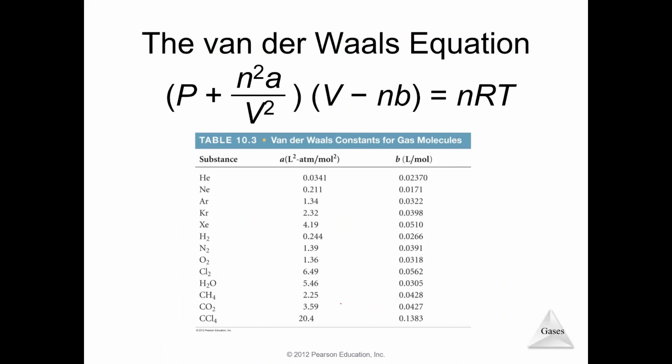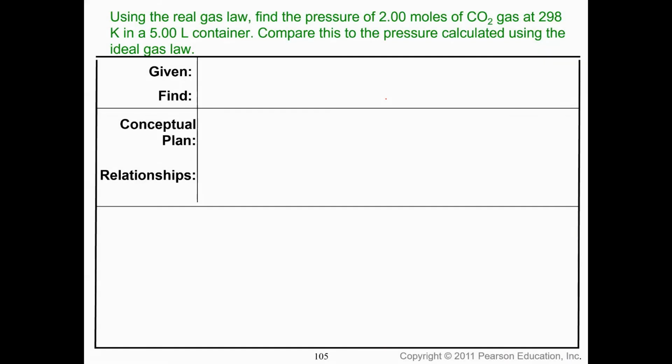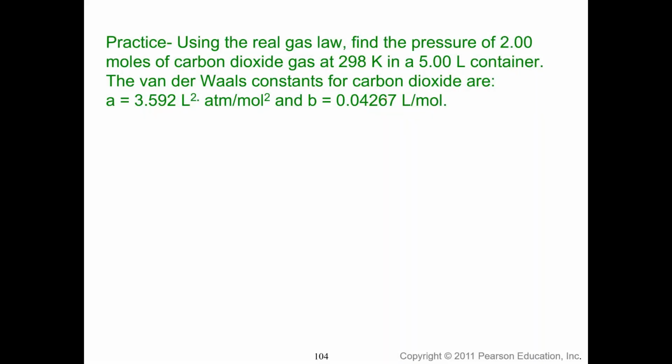Now this is what your book provided. This is the general formula. Remember the formula is PV = nRT, which in this case, the P was corrected for van der Waals contribution, and the V, which is the volume, was also corrected for van der Waals contribution.